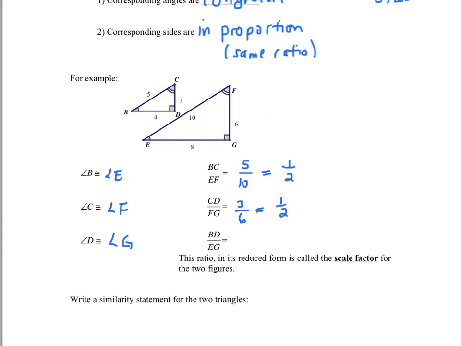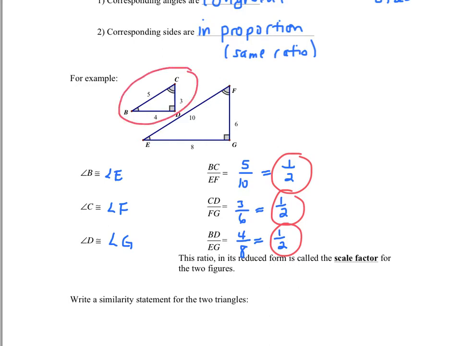Last pair of corresponding sides, BD is 4, and that corresponds to EG with length 8, and 4 over 8 also reduces to 1/2. So since all three of these ratios are the same, we say the sides are in proportion. This ratio, by the way, is called the scale factor for the two figures. Notice that the little triangle is half the size of the big triangle.